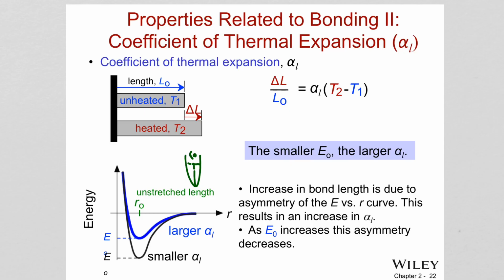So it could not change with the heat. But because it is asymmetric like this, the average interatomic separation distance is actually increasing.